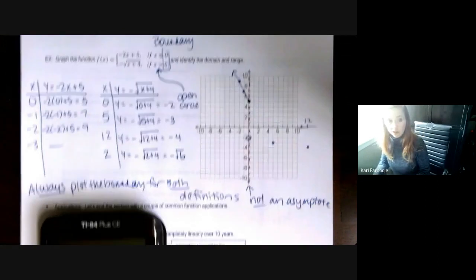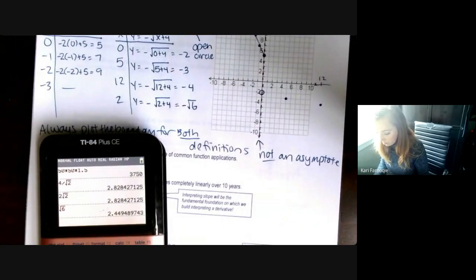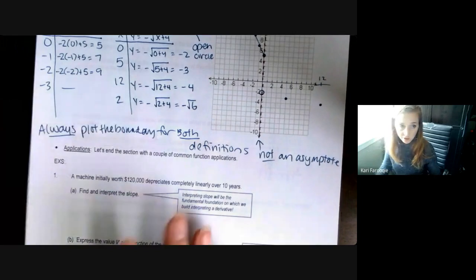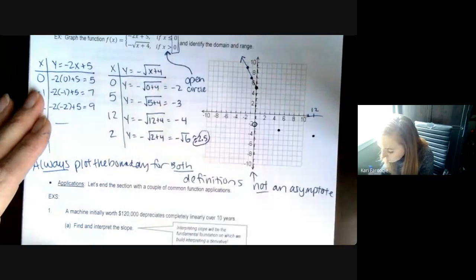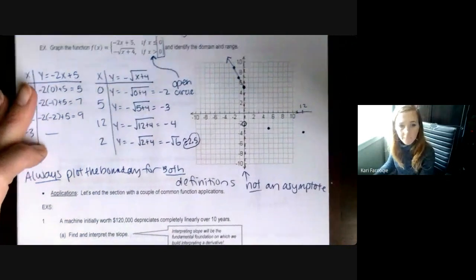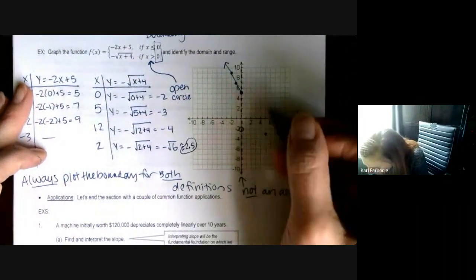Then you would just have to get that value in your calculator. The square root of 6 is about 2.5, about as close as you're going to get. So it's approximately negative 2.5. Okay, so we can plot that: when x is 2, y is negative 2.5.